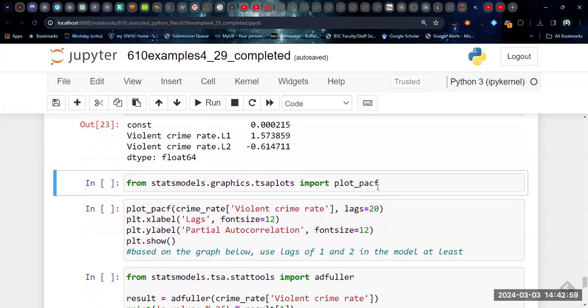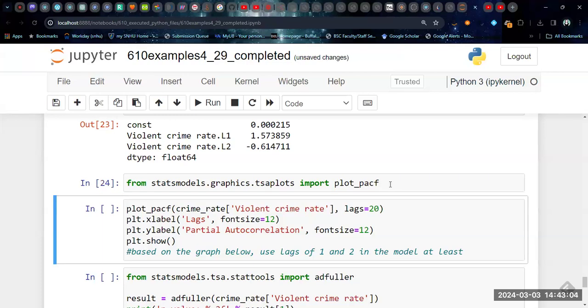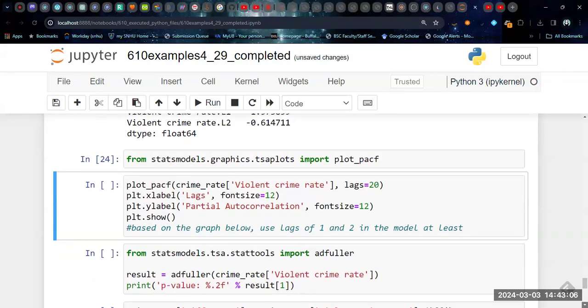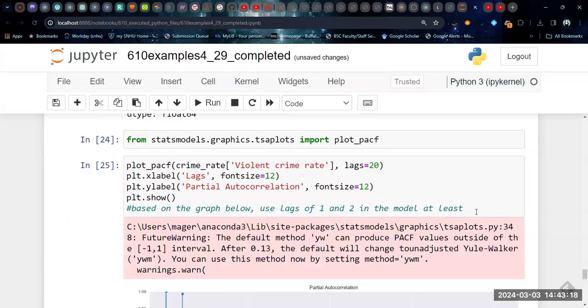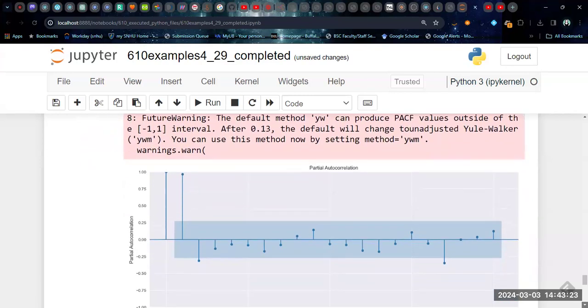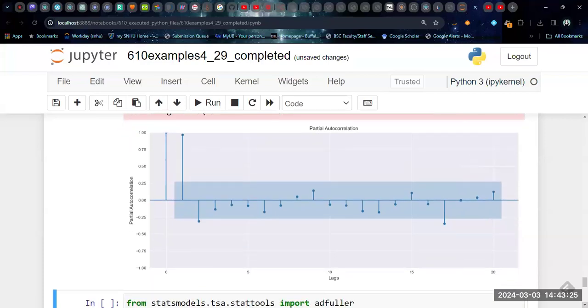Now, the PACF graph, I'm going to pull out of the statsmodels package rather than pandas. And we're going to plot only out to 20 lags in this case, again, comparing the violent crime rate data. And we're going to label it with partial autocorrelation. And we got a warning, which we're going to ignore. And again, this is the way autocorrelation graphs and partial autocorrelation graphs tend to look. You still have this thing in the center that's indicating significance.